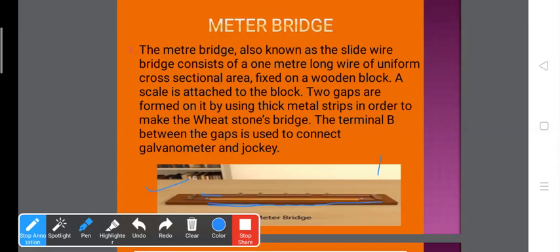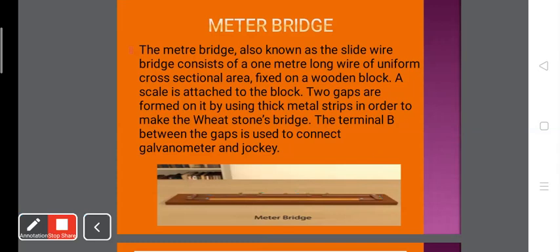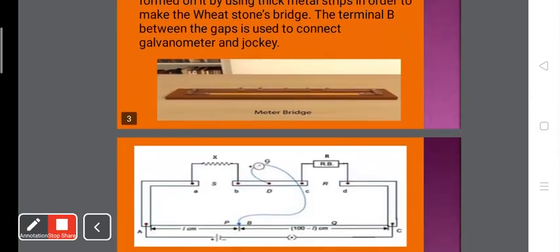A scale is attached to the block. Clear? Now 2 gaps are formed on it by using thick metal strips in order to make the Wheatstone bridge. These are L-shaped strips. Clear? The terminal B between the gaps is used to connect the galvanometer and jockey. This is terminal B, where the jockey and galvanometer are connected. So this is the Wheatstone bridge that you have seen in the lab.